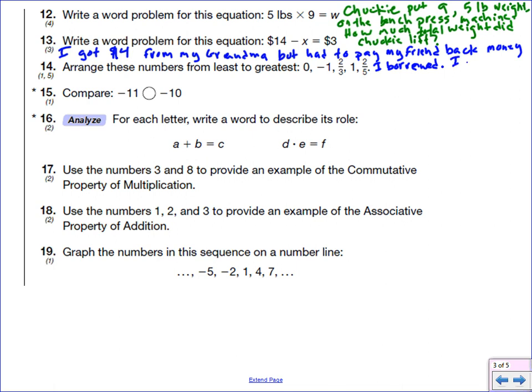I ended with $3. How much money did I owe my friend?